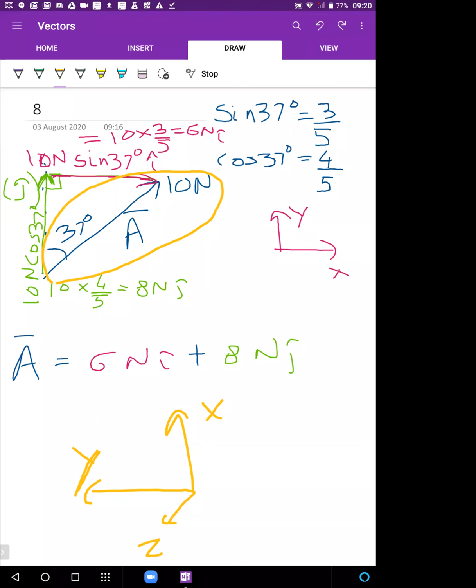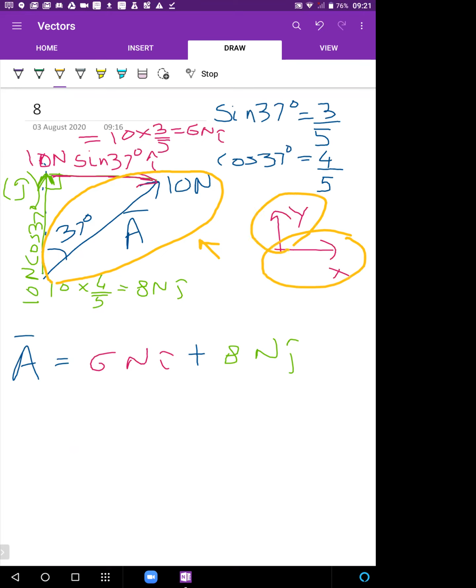Generally you take right as x, but it is not universally accepted. In fact, whenever your exam expects you to write something in i cap j cap and they've just drawn a vector like this, they will definitely tell you to take right as x and upwards as y.